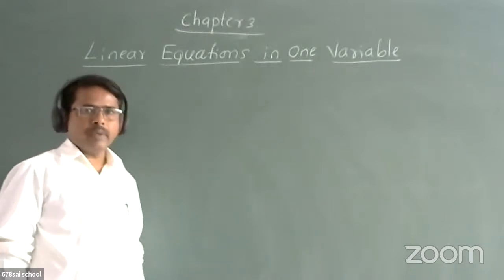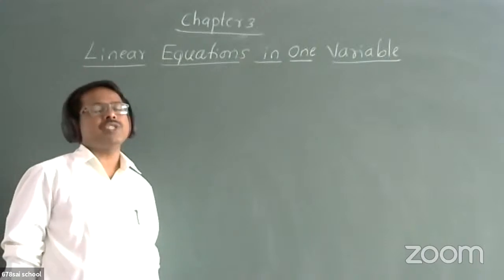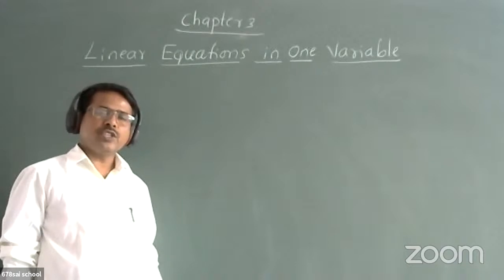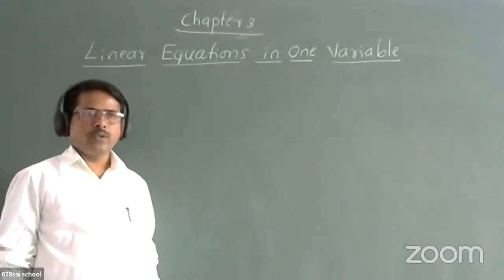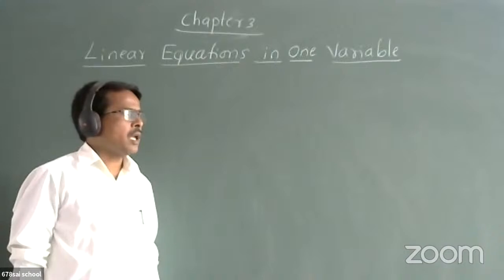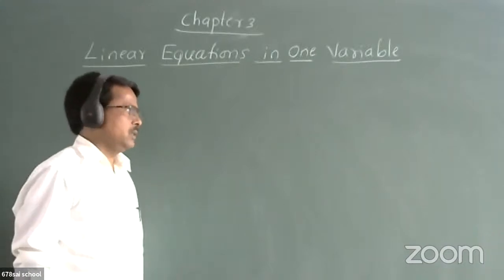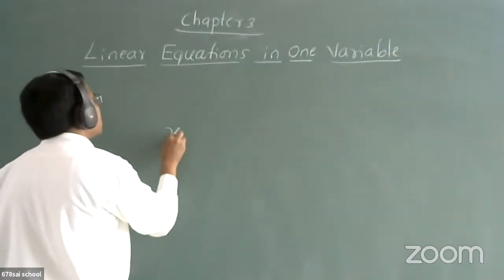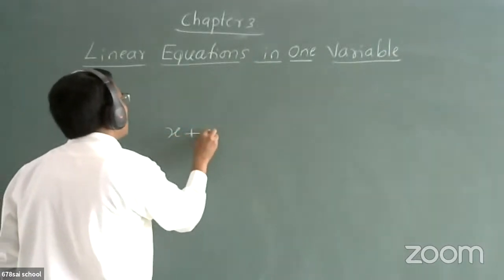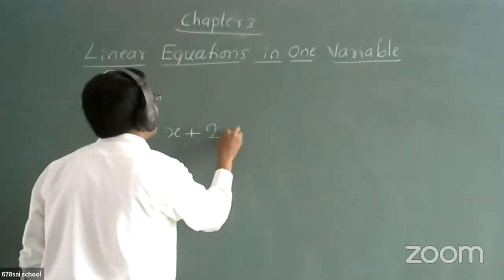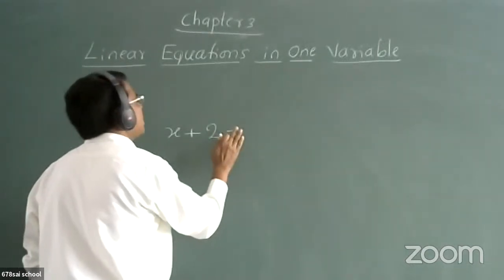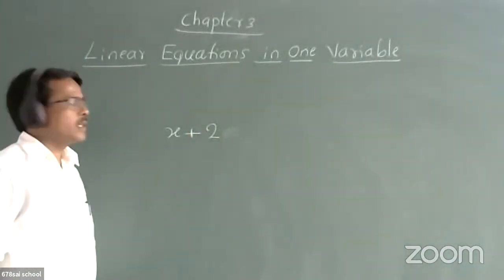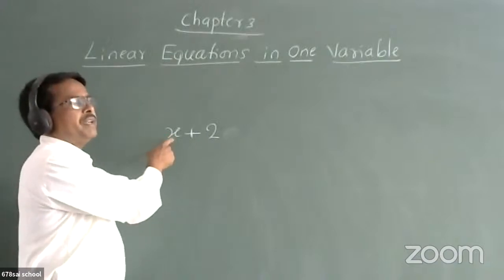A variable is a quantity which changes its value, and a constant does not change its value. For example, if I write x plus 2, here I don't know the value of x.